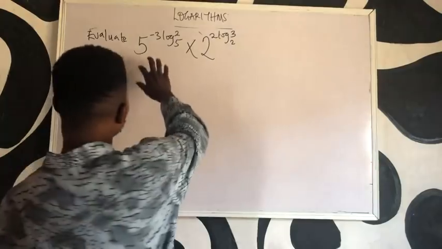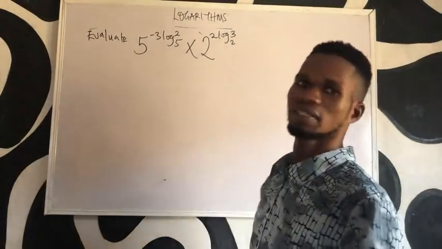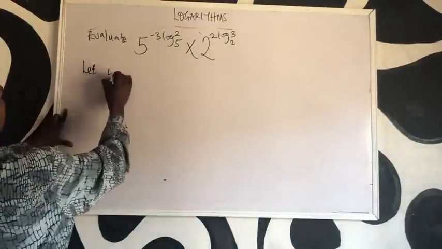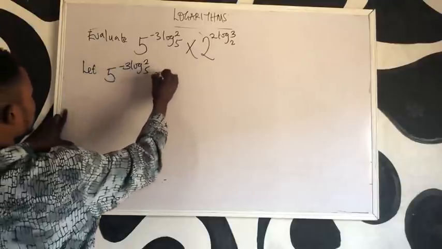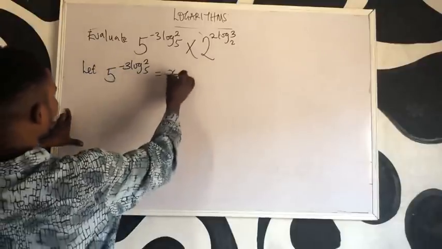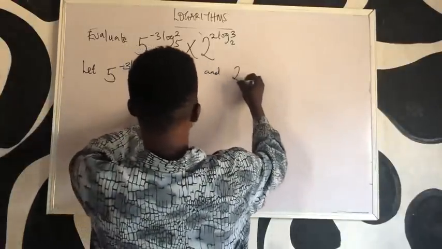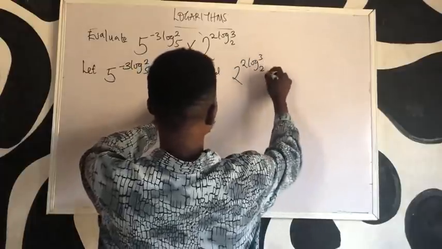Now, let's solve this one after the other. Let's take 5 raised to power minus 3 log 2 base 5 as x, and let's take 2 raised to power 2 log 3 base 2 as y.